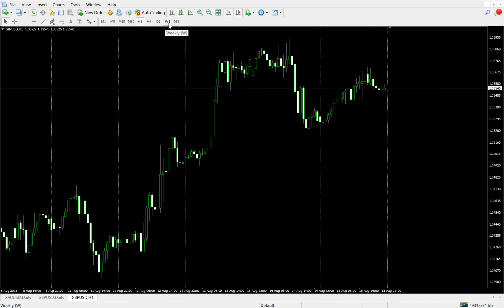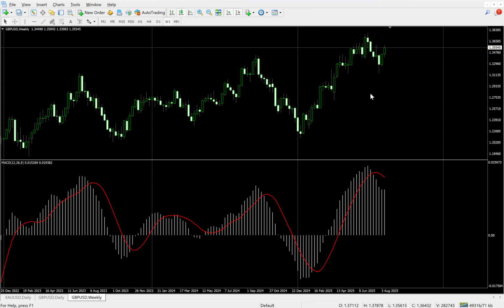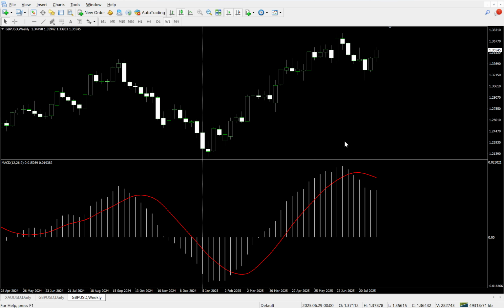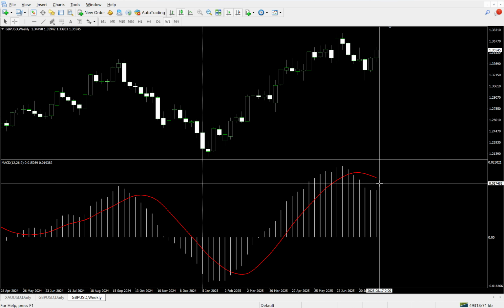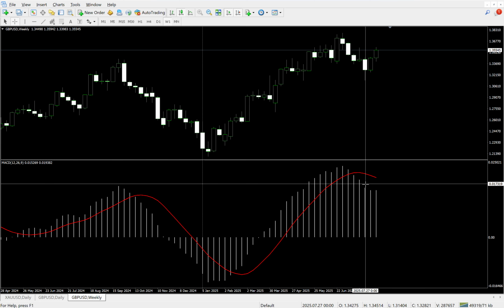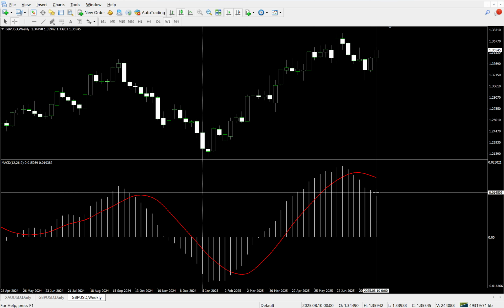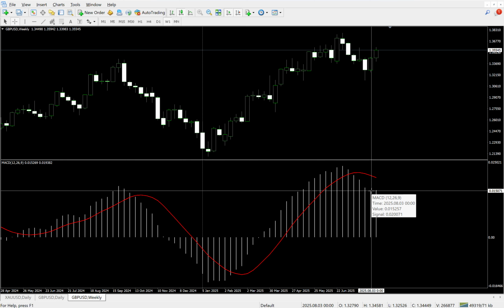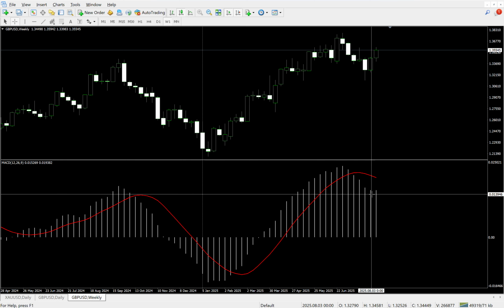Let's come back to the weekly time frame and analyze how we will be determining the global trend. As I mentioned, we need to set the MACD indicator on this chart, and according to the original rules set by Dr. Elder for this strategy, he determines the trend depending on the position of the current bar relative to the previous bar on the MACD indicator.